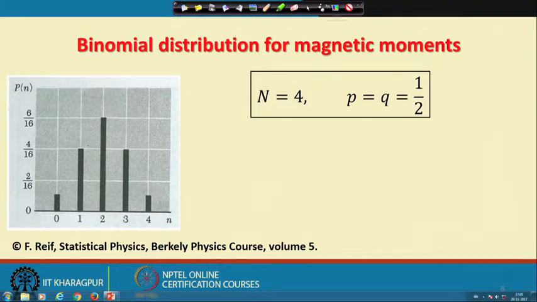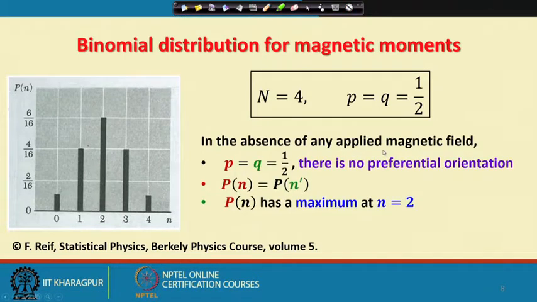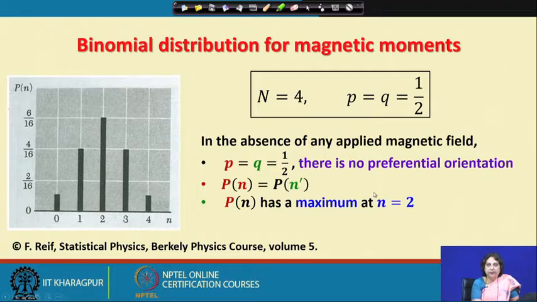So, the major conclusions from this slide are as follows. In the absence of any magnetic field, there would be no preferential orientation. Therefore, the probability of a given spin half particle having an up spin or a down spin will be the same, and this value is equal to half. And the probability associated with the value n is the same as the probability associated with the value n prime.